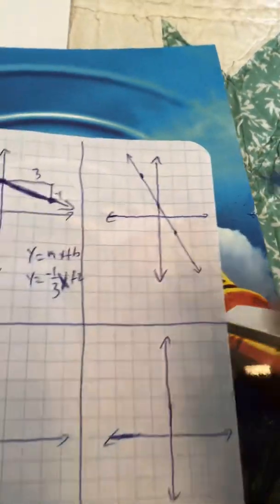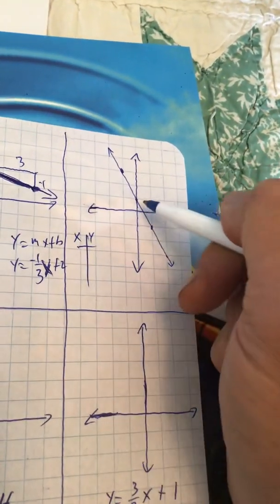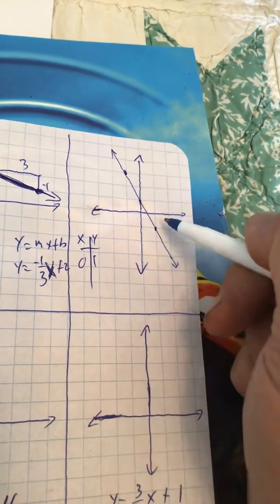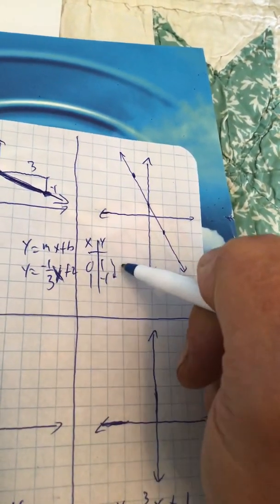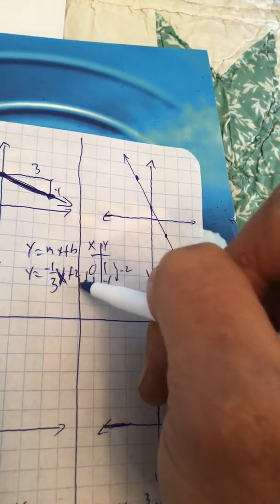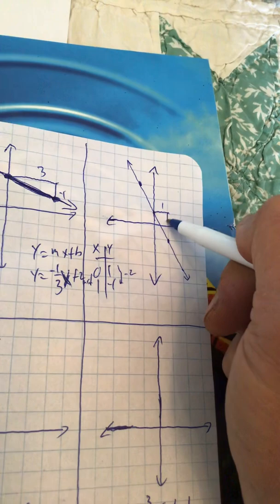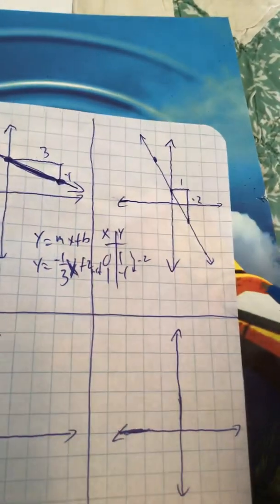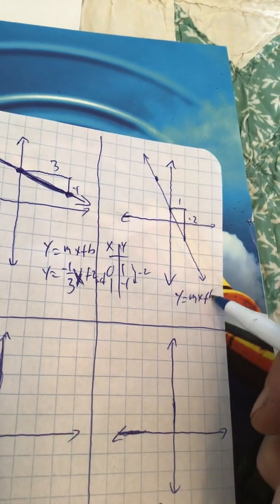Hit pause, copy down, make the table, and then the equation. This is 0, 1, and this is 1, -1. It looks like you went down 2 every time you went up 1. And here's your stair step. You went over 1 and you went down 2. Here's my formula, y equals mx plus b.